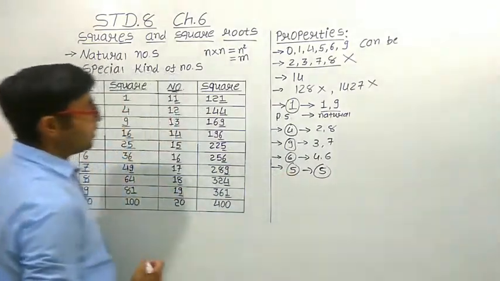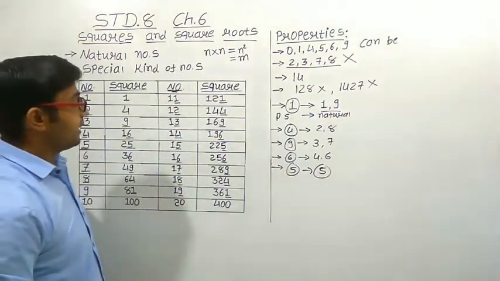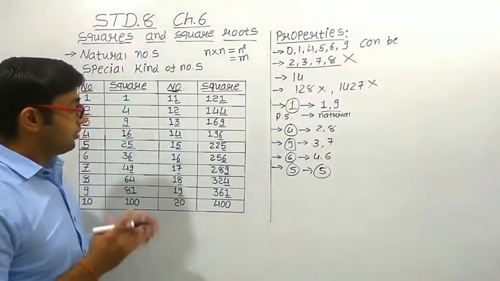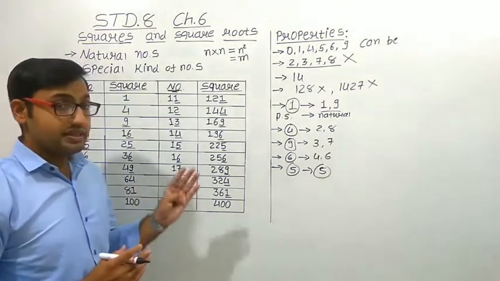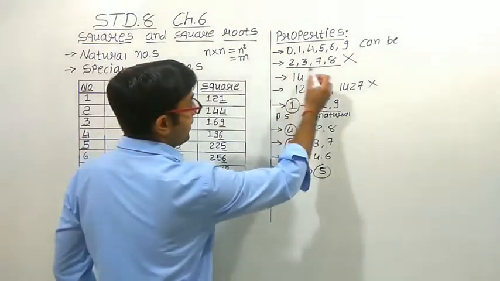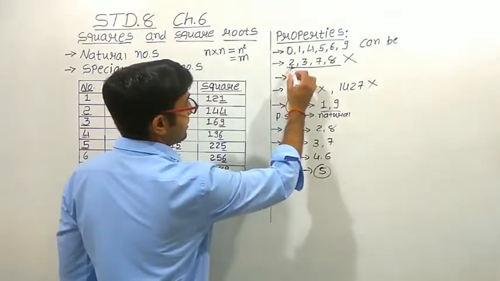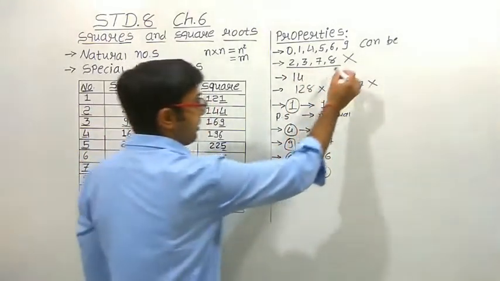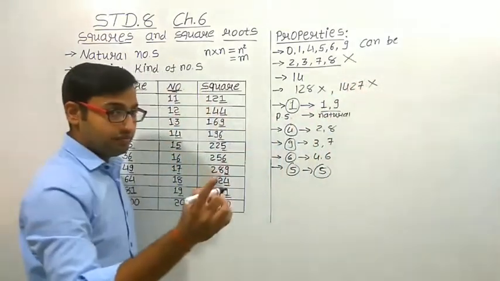Now, if you are given any number and asked to find out whether it is a perfect square or not, then first of all we have to notice that if the unit place digit is 2, 3, 7, or 8, it will never be a perfect square number.